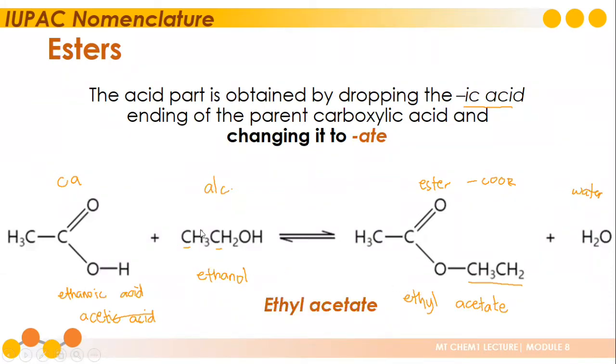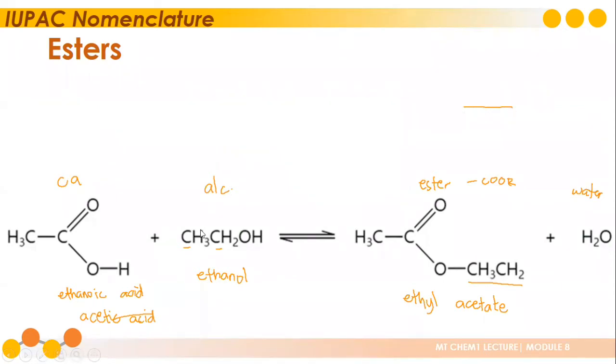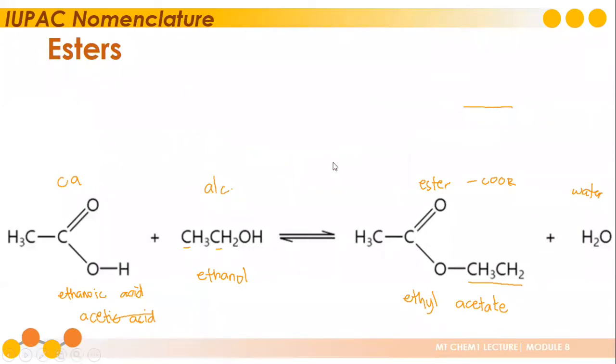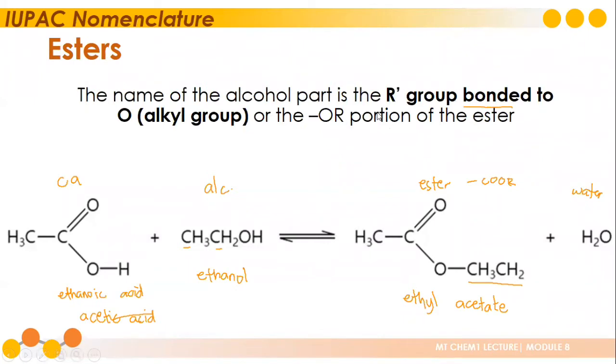Again, let's go back to our rules. First, you have to separate the alcohol and the acid part. So how do you do that? First, you identify the alcohol part, which is the R group bonded to the O. In here we have ethyl.